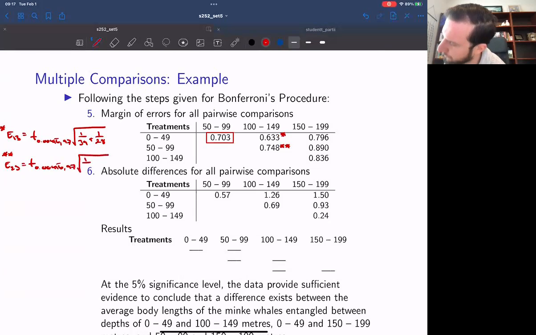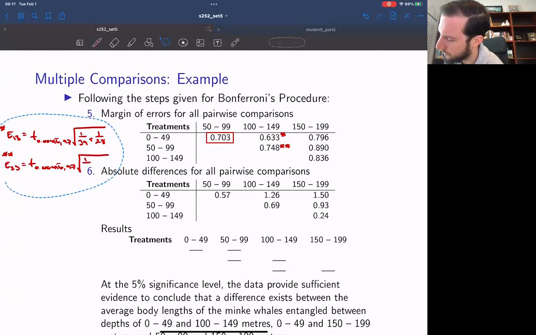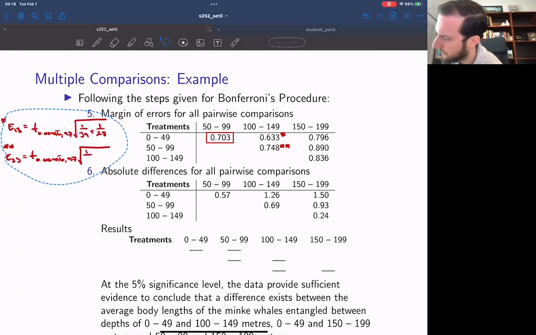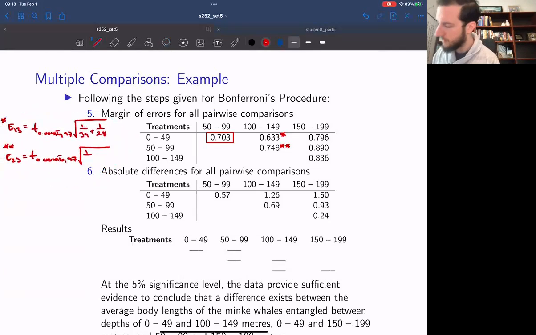And now we would have the sample sizes for the second and the third group, so that's going to be 1 over 20 plus 1 over 28. All right, so very similar calculation for all the margins of error. We just have to switch the sample sizes in this particular illustration because we have different sample sizes for each group. But in the situation where the sample sizes are the same, the margin of error is going to be the same for all comparisons as well.